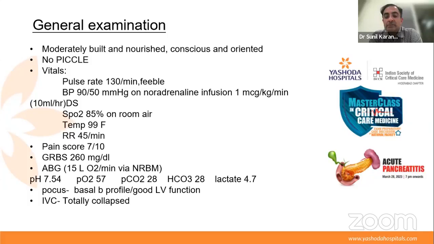So these are the initial settings. More specifically, can you comment on the minute ventilation here? Yes, sir. She is compensating with a high respiratory rate with a low PCO2. We should maintain the high minute ventilation. Yeah, that is very important.